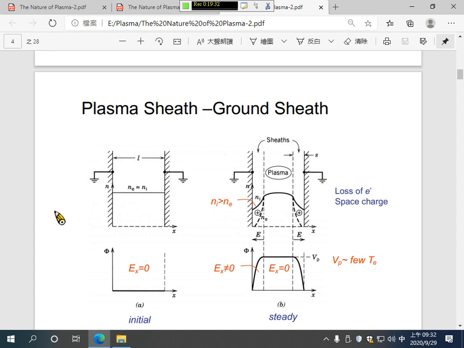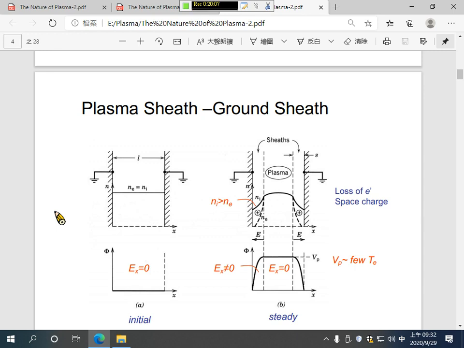If the potential is uniform, then delta phi over delta x, or delta V over delta x, still equals 0. So it means there is no electric field inside the plasma at the beginning.